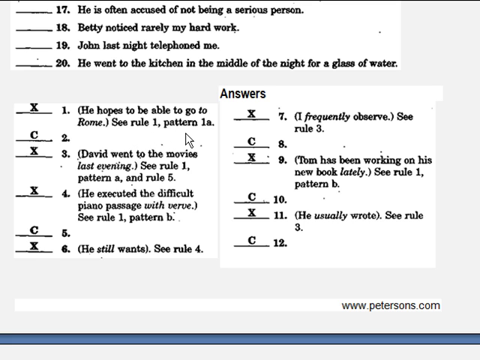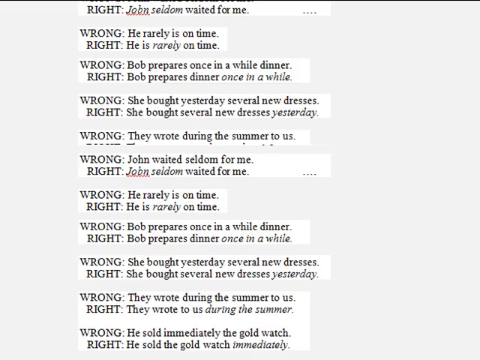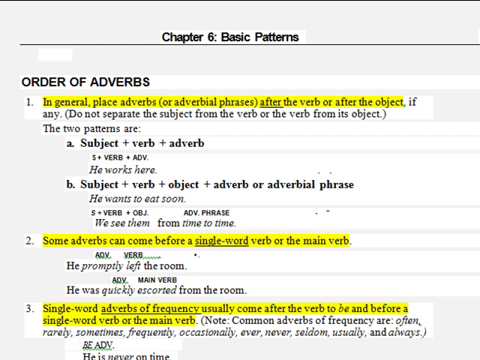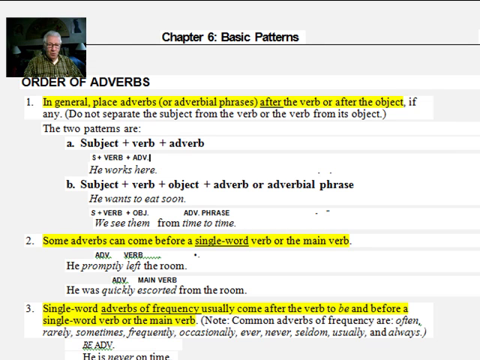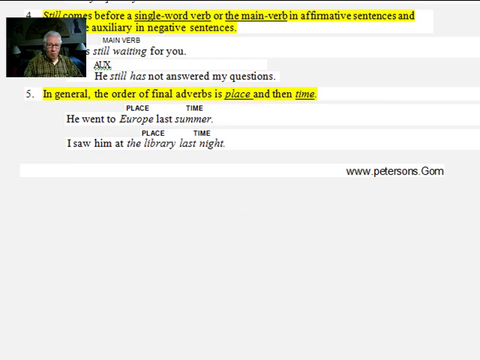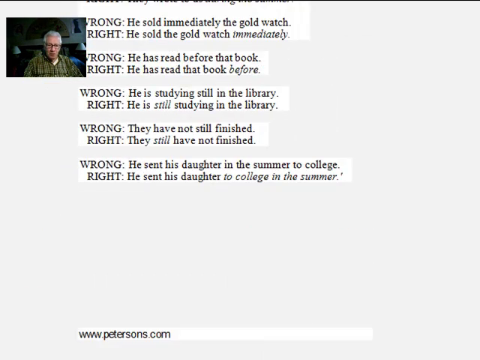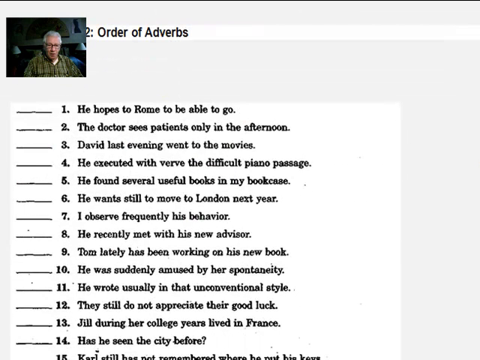And it simply says, see rule number 1, pattern 1A. That way you can refer back to the patterns, because it refers you back if it's wrong. And we have 1A, which simply says subject, verb, adverb, which is not true for that sentence, right? Take a look at that again.